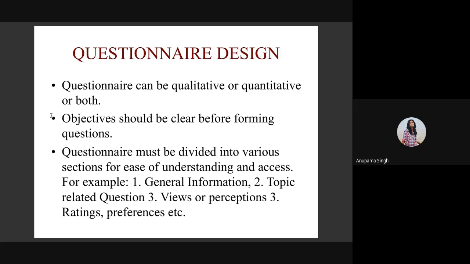The first point is that your questionnaire can be both qualitative and quantitative in nature. Qualitative when we are taking non-measurable phenomena, such as any kind of attributes. A lot of studies include, for example, behavioral studies, or your preferences. Those kinds of studies have scales, right?